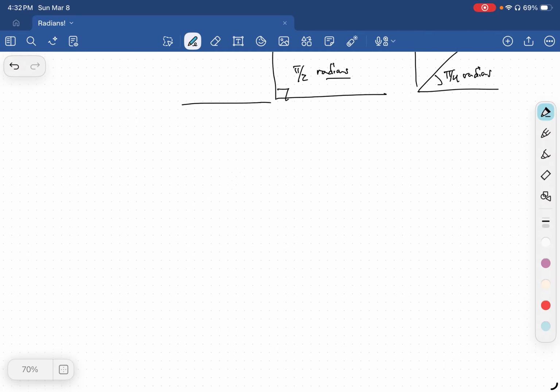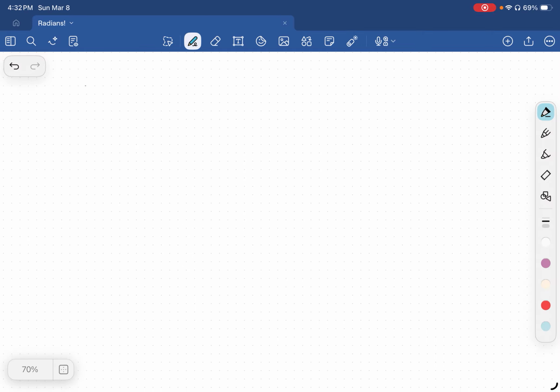So the thing that's going to be very useful to us is that pi radians and 180 degrees are the same thing. So since that's the case, this fraction is equal to 1. And we can use it as a unit conversion. We also know that 180 degrees divided by pi radians is also equal to 1. So we can multiply it.